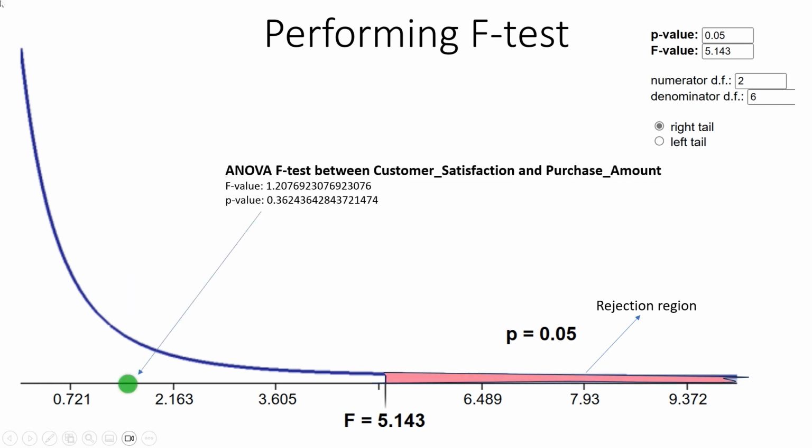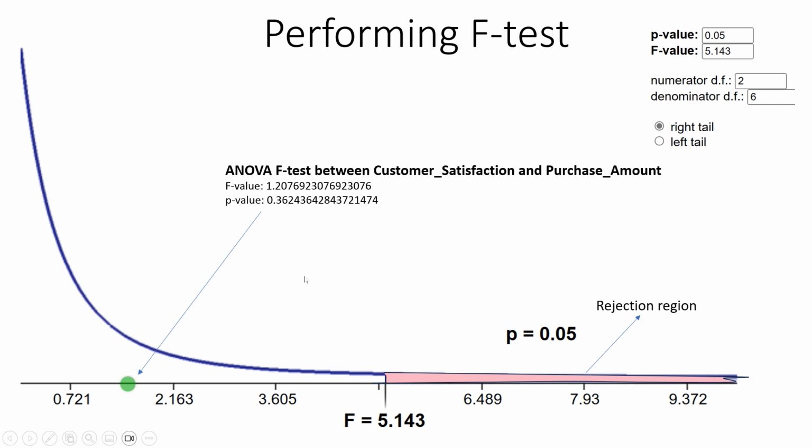And the second one is here. I have an ANOVA F-test between customer satisfaction and purchase amount. I have the same rejection region, and my F value is by and large the same, 1.207 before, now 1.208. Again, I'm not using the p-value here.